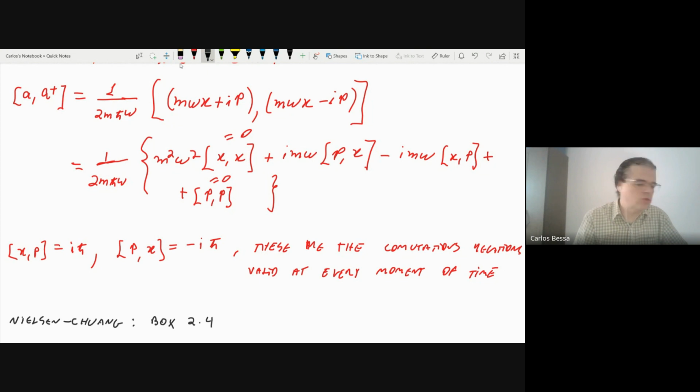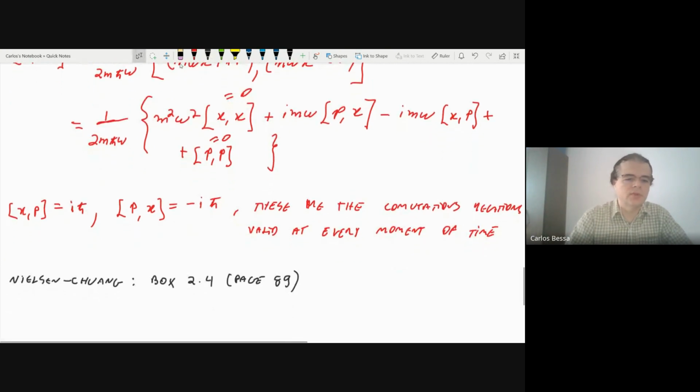Box 2.4, page 89. They have a more general expression than that, where they prove these commutation relations. And if you have any doubt, we can discuss at another time, maybe next Friday, about this proof. So this is a homework.